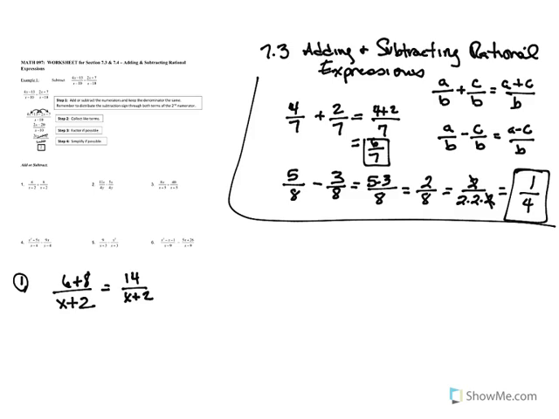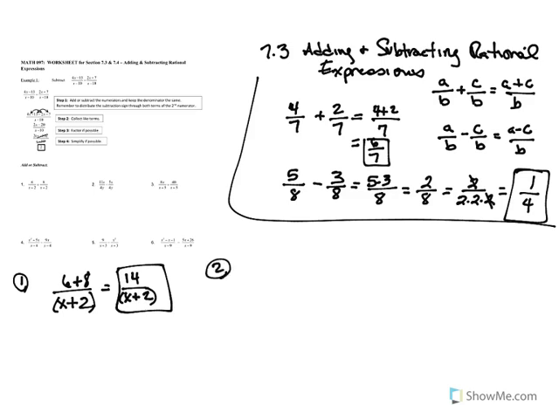Factor where possible, cancel out like factors. Nothing needs to break down. 14 is 2 and 7, but there's nothing to cancel it with at the bottom anyway. So the answer would be 14 over (x plus 2). I put the parentheses around x plus 2 just to help you remember that you couldn't cancel that with anything unless it was another x plus 2.